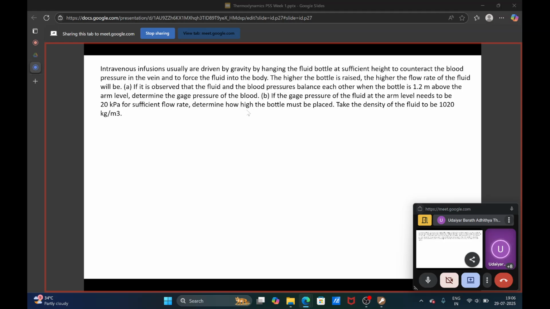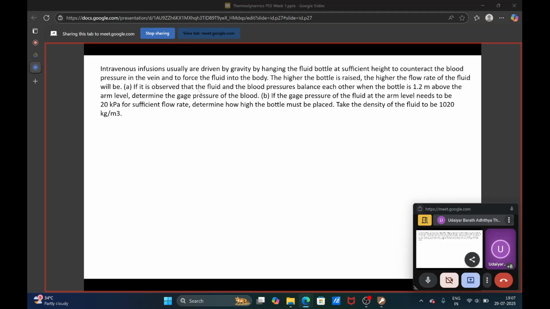Whatever pressure gauges you see, if you go to fill pressure in the tire of your vehicle, those are all gauge pressures. It is the absolute pressure minus your atmospheric pressure. That's the pressure which you measure when you are filling tires and so on, which is why you call them pressure gauges.